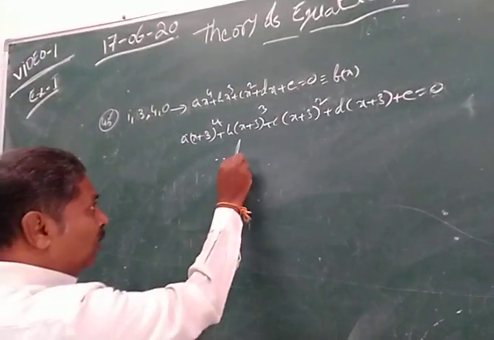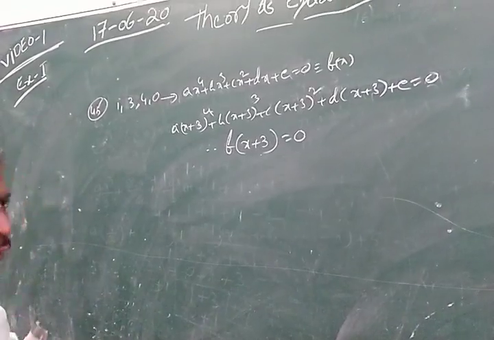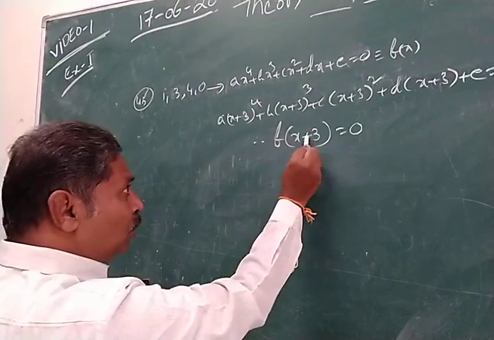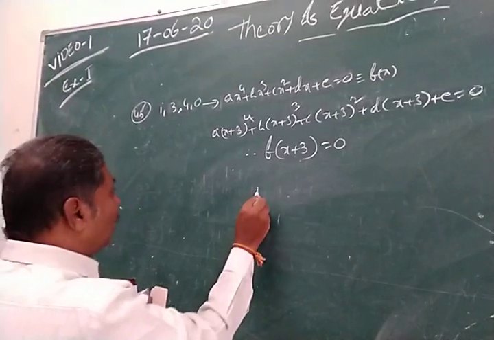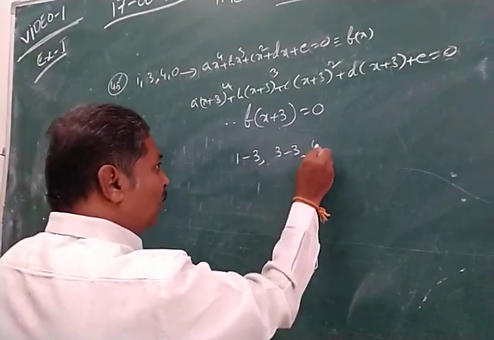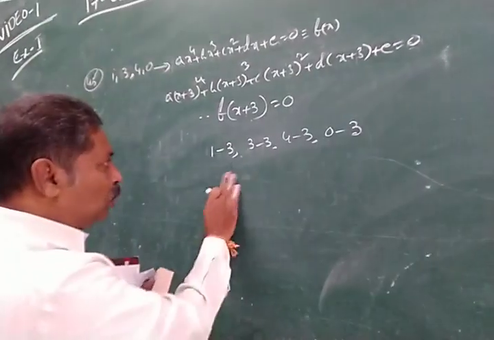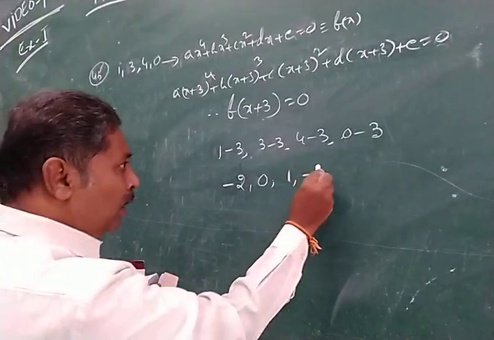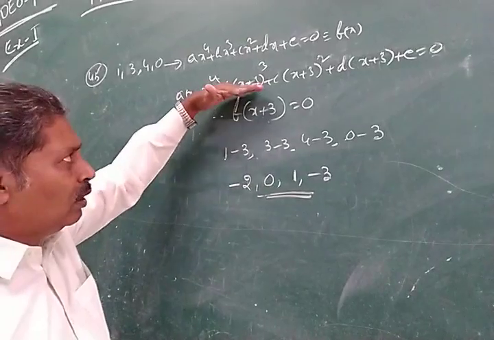So this is f of x plus 3 equal to 0. So roots are, there is plus 3. So subtract 3 from the given roots. So roots are 1 minus 3, 3 minus 3, 4 minus 3, 0 minus 3. So this is minus 2, 0, 1, minus 3. These are the roots of this equation.